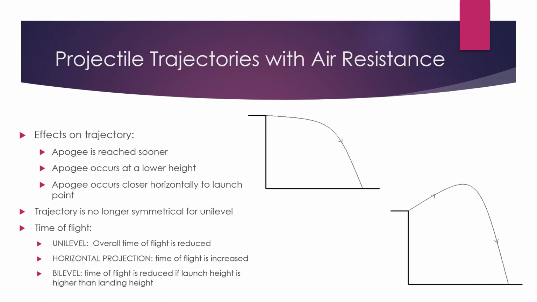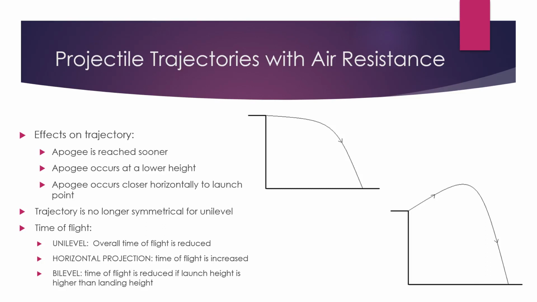That means as it falls downwards, acceleration due to gravity acts downwards on the projectile, but the force of air resistance, or at least the vertical part of the air resistance force, will be acting upwards on it. So there's two opposite forces acting on it, which results in a reduced overall force acting downwards on it and reduced overall acceleration in the vertical direction. So that means it falls slower than it would without air resistance, which means it has a slightly longer time of flight for horizontal projection.